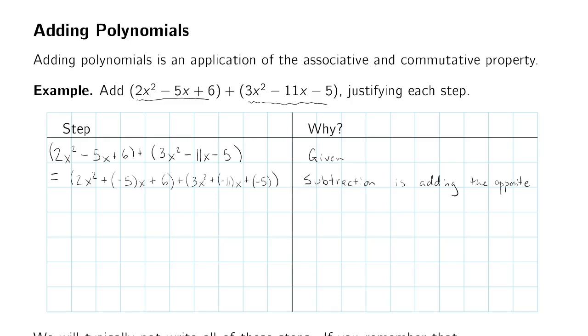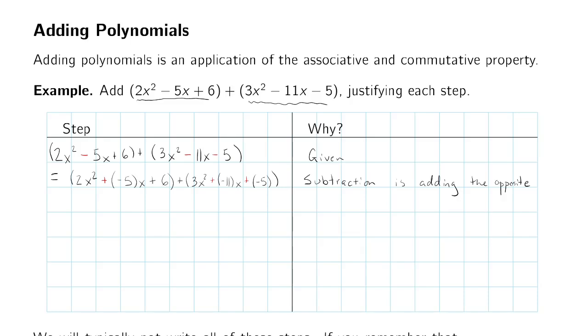So what we've done here is each instance of subtraction in the original has been rewritten as addition of a negative number, so that it's now clear that the only operation connecting these 6 terms is addition.